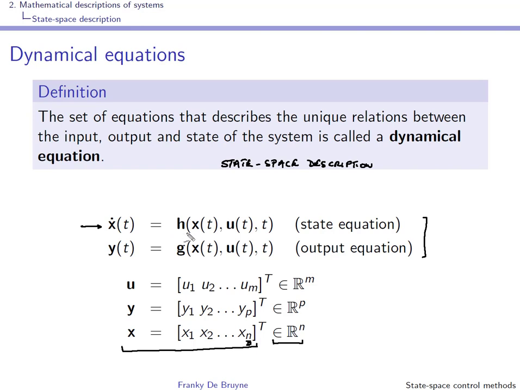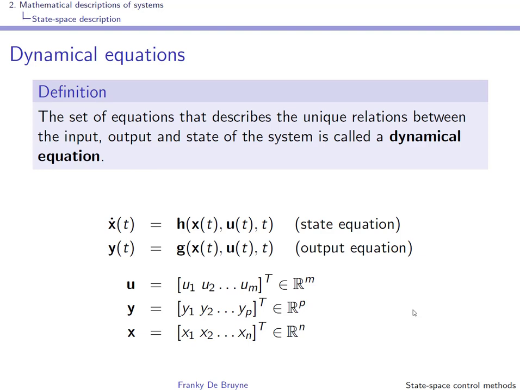So h here is a nonlinear function. The second equation is a static equation and it's called the output equation. This is how the output is obtained from the state, the input and time, and again here we have a nonlinear dependency.